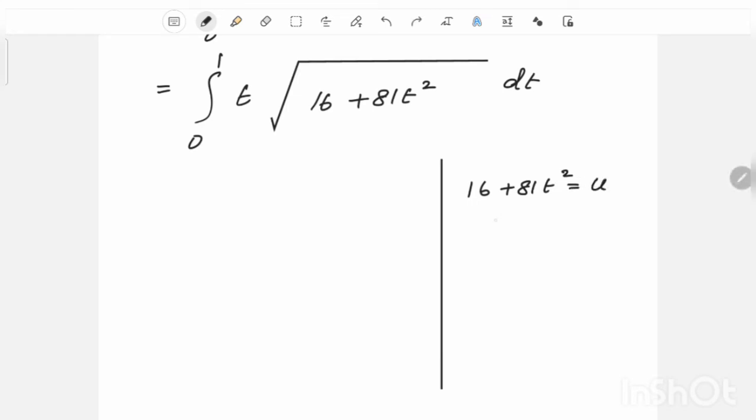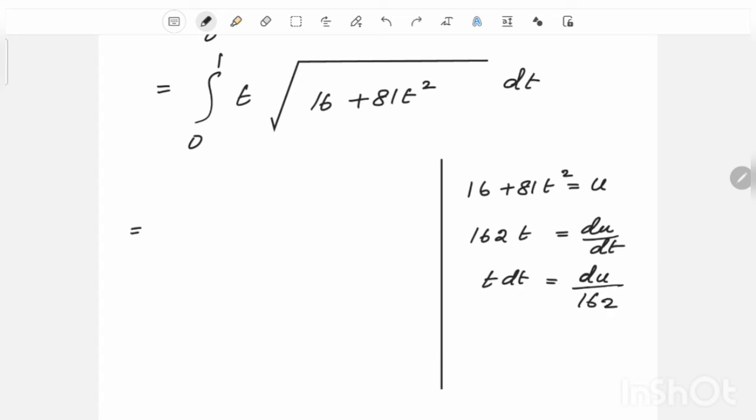Differentiating on both sides, we have 162 t is equal to du by dt, or t dt is equal to du by 162.